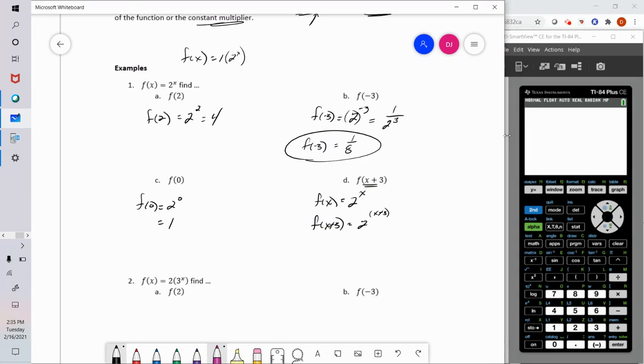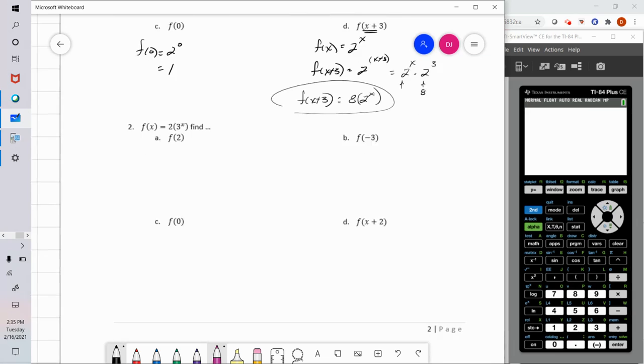So now what I've got going on here is 2 to the x times 2 to the third. Remember your rules of exponents. 2 to the x is 2 to the x, 2 to the third is 8. So f of x plus 3 is equal to 8, parentheses are helpful, times 2 to the x. Okay, and so there's f of x plus 3.